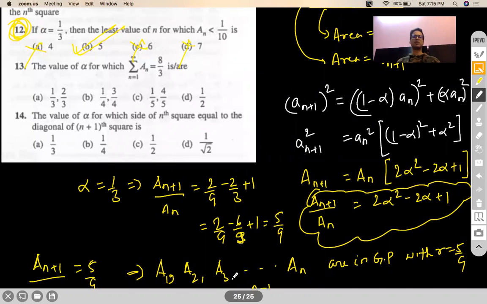Find the value of alpha for which the summation of an from 1 to infinity is 8 by 3.